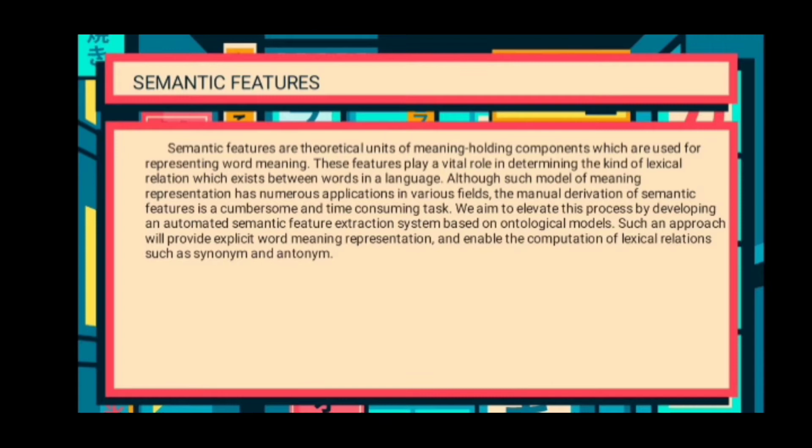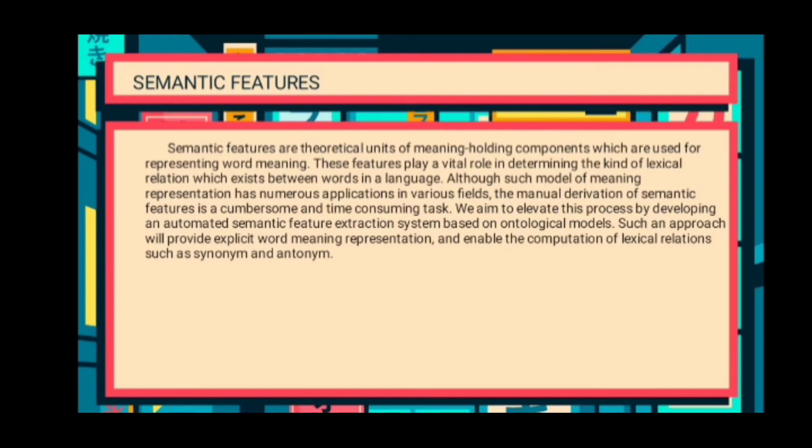Semantic features. Semantic features are theoretical units or meaning-holding components which are used for representing word meaning. These features play a vital role in determining the kind of lexical relation which exists between words in a language. Although such a model of meaning representation has numerous applications in various fields, the manual derivation of semantic features is a cumbersome and time-consuming task.